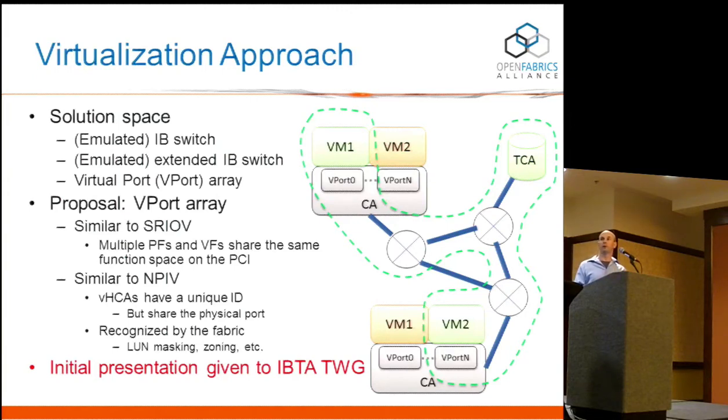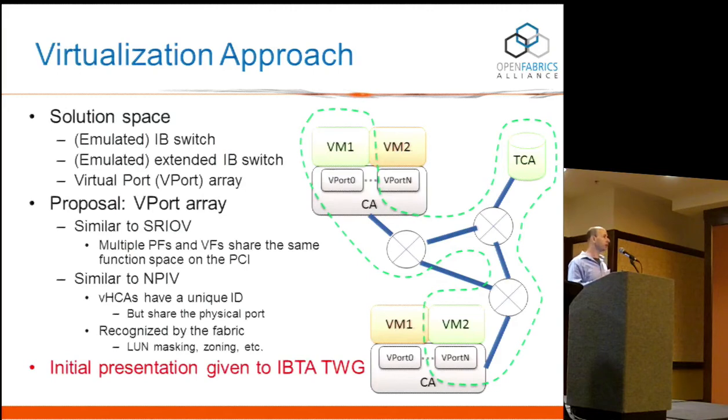The third approach that we came up with is a virtual port array, which is basically an array of multiple virtual transport endpoints that share the same physical port. This notion shouldn't come as a surprise to anyone here, because it's already been done in a couple of domains. The first one is SR-IOV, where you have multiple functions, physical and virtual, sharing the same function space.